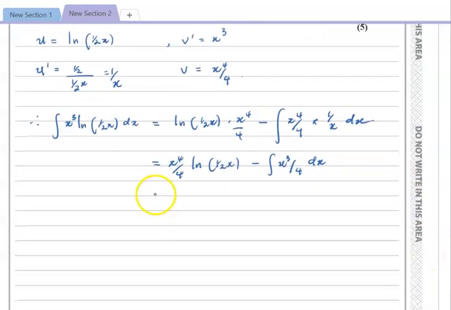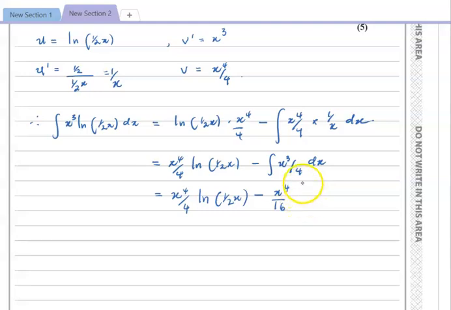Then your final answer for the integral, you have x power 4 over 4 natural log of a half of x minus, when you integrate this, x power 4 but now divided by 4, which is going to be over 16.